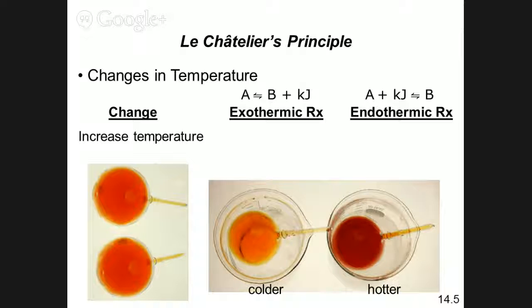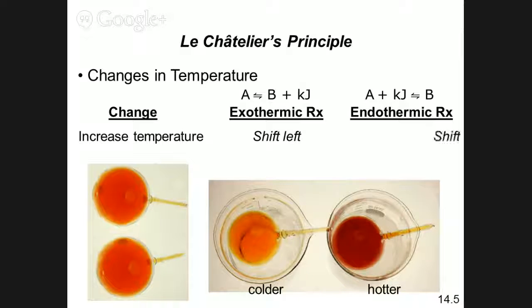Well, what that means then, it wants to go away from the side that has the heat, that has the kilojoules of energy. In that exothermic case, it's going to shift left because the A side doesn't have any kJ on it. So it does not want to make as much heat because I have raised the temperature.